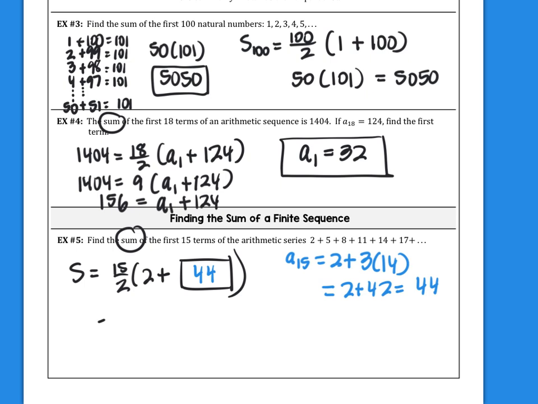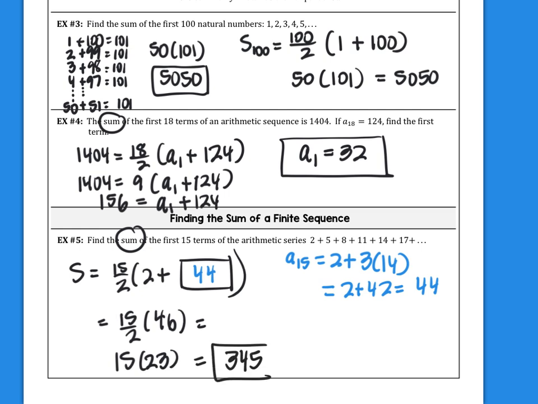We can solve this. This would be 15 over 2 times 46, which would be 15 times 23, 345. So you're just using the formulas in lots of different ways. They're not straightforward. You do have to think.